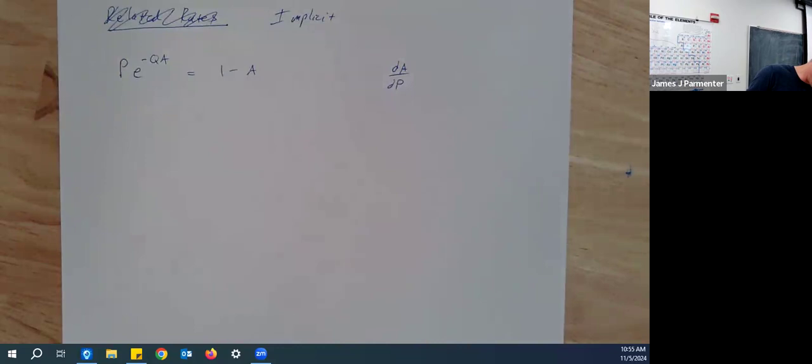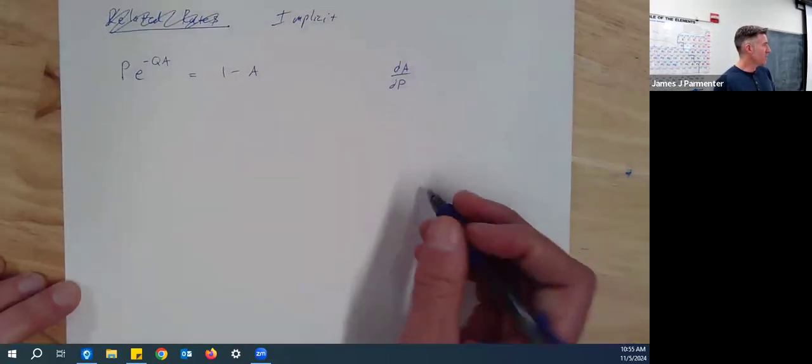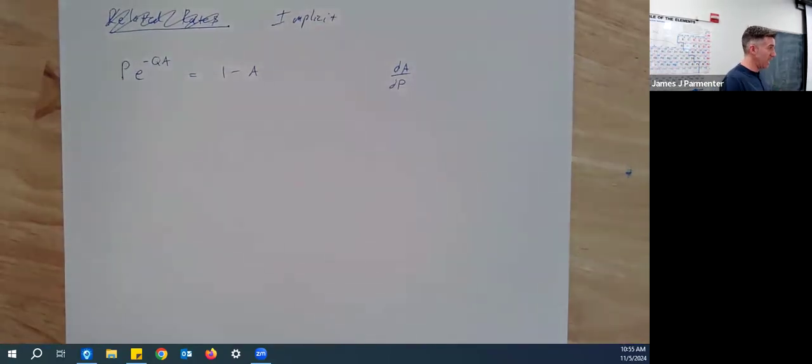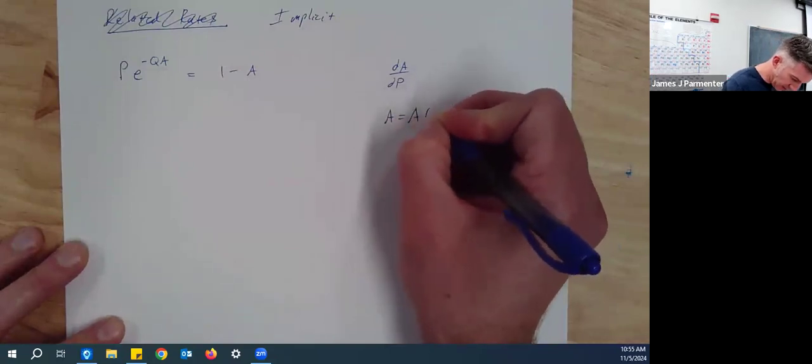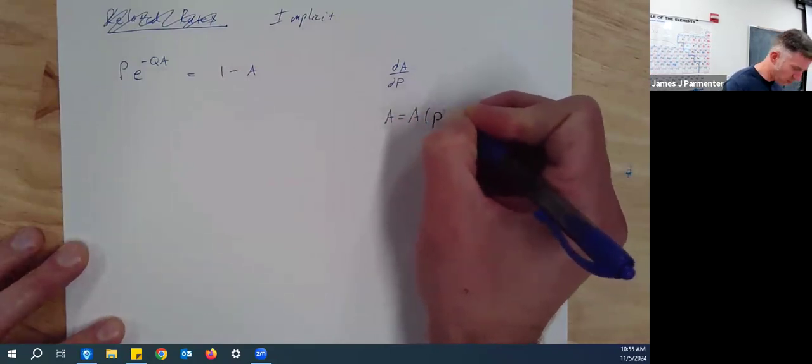Okay, so that's rho e to the negative QA equals 1 minus A. When you look at this, you're thinking of A as your y and rho, or P, as your x. So really A is some function of rho.